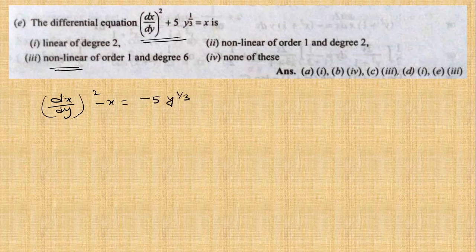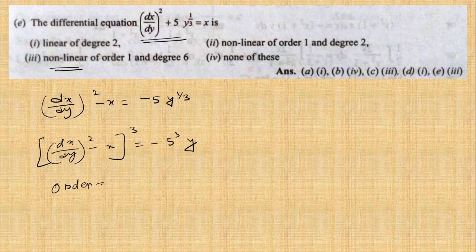If you cube both sides, this becomes dx/dy whole square minus x, whole cube, is equal to minus 5 y. Okay, so the order will be first order, and degree will be 3 into 2, that is 6. This is non-linear, the order will be 1 and degree will be 6.